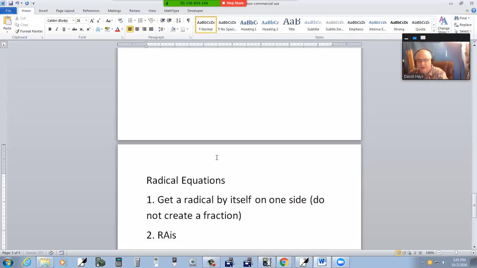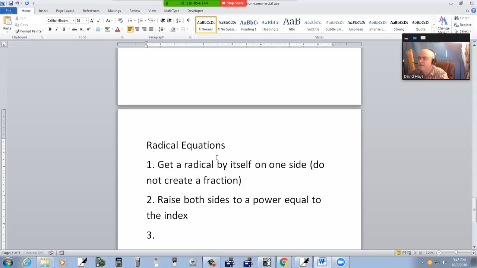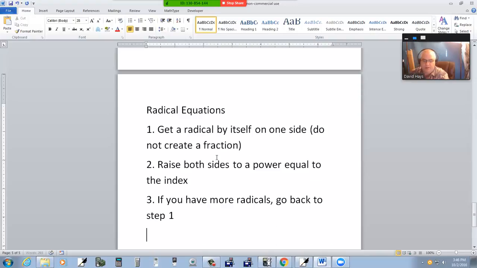Step 2 is to raise both sides to a power equal to the index. Step 3, if you have more radicals, go back to step 1. Step 4 is solve for x.